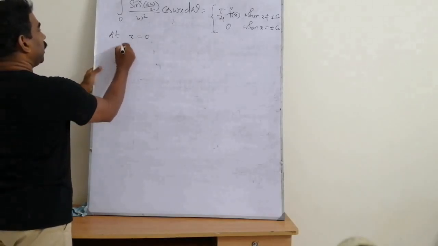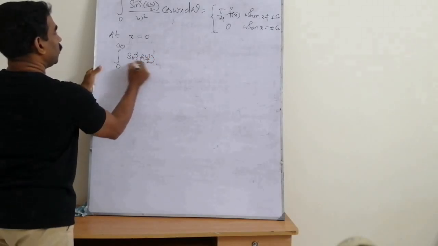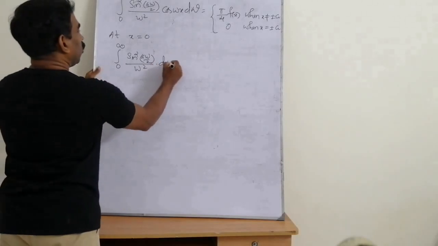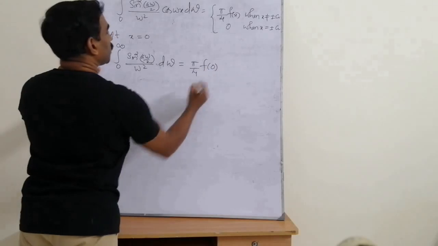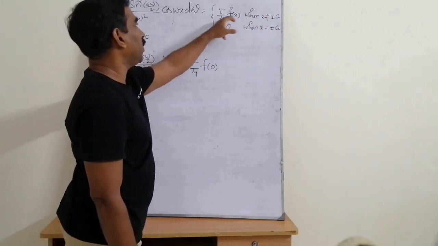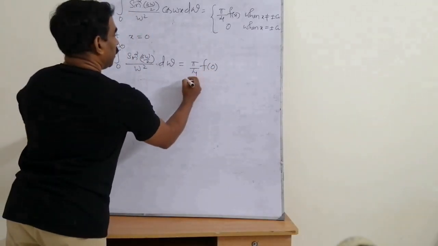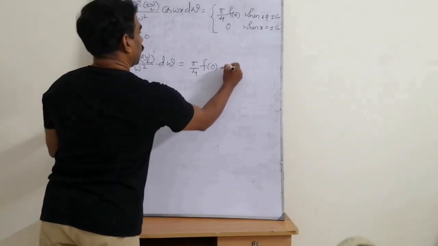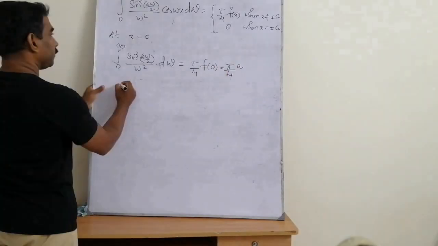So integral 0 to infinity sin square a omega by 2 divided by omega square into cos 0, that is 1, d omega is equal to pi by 4 into f of 0, because for x not equal to plus or minus a, the value is pi by 4 into f(x). Here we have x equal to 0. This is equal to pi by 4 into f of 0. So from the graph, f of 0 is equal to a.